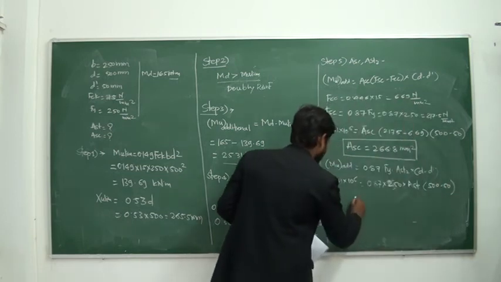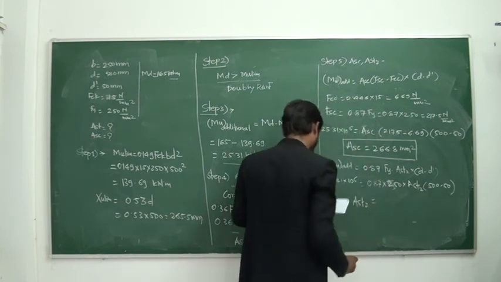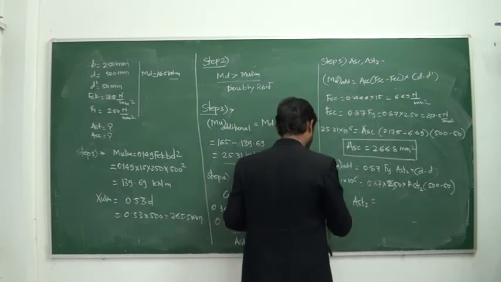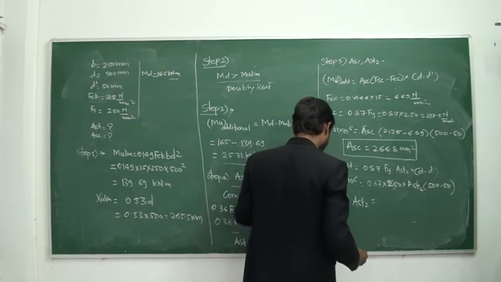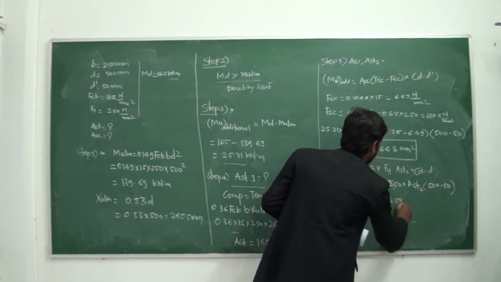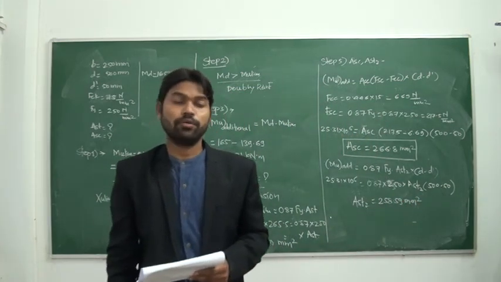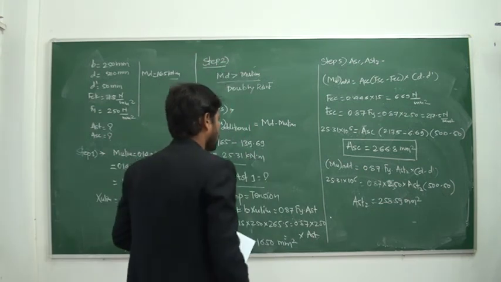If we solve this, we will get AST2 as 258.59 mm square.